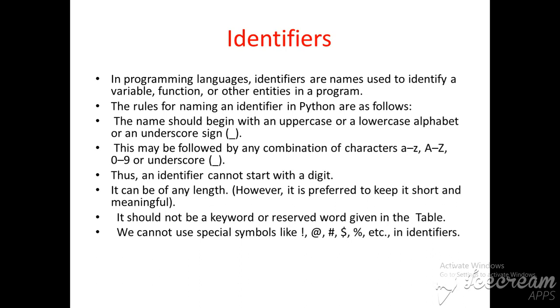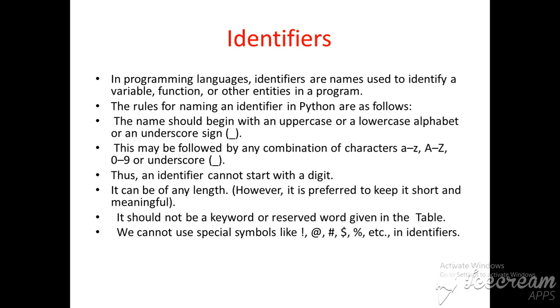The first rule is that the name should begin with an uppercase or lowercase alphabet or an underscore symbol, which means that the name cannot start with a digit. So it is clear that an identifier cannot start with a digit. After the first letter or underscore, we can write any characters from capital A to Z, small a to z.